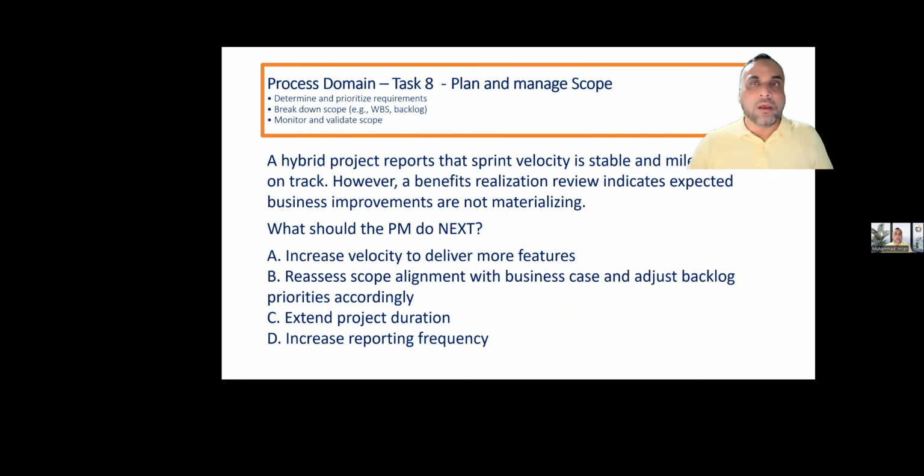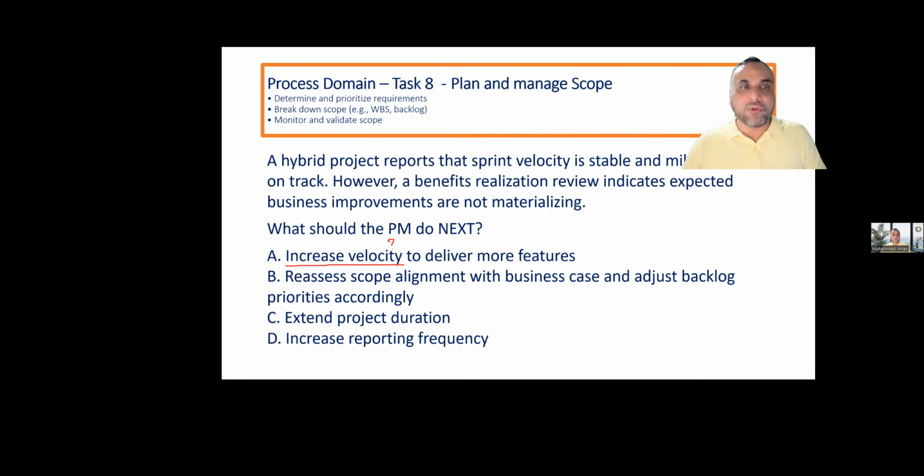Next, a hybrid project reports that sprint velocity is stable and milestones are on track. However, a benefit realization review indicates expected business improvements are not materializing. What should the PM do next? Increase velocity. Can you do this? Reassess the scope alignment with business case and adjust backlog priorities accordingly. Extend project duration.